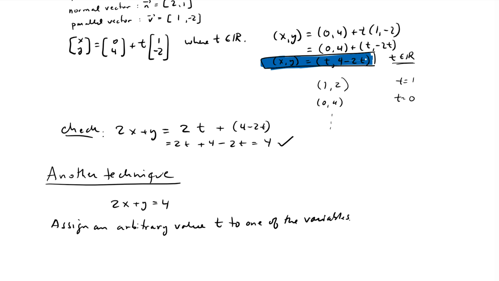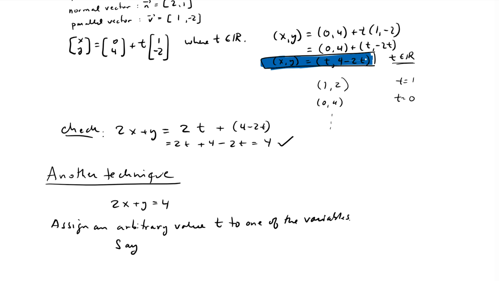So t is called a parameter here. So it's like saying, okay, t could take on any real value. It's like saying I'm going to assign to y the value of 1 and solve for x. I'm going to assign a value of 2 to x and solve for y. Okay, so I can do that and get a point.